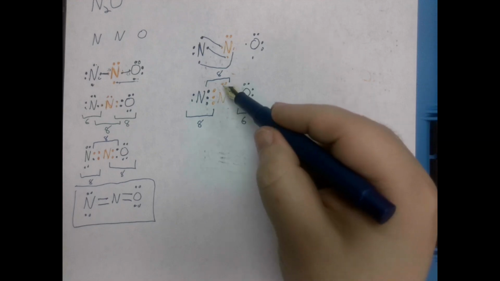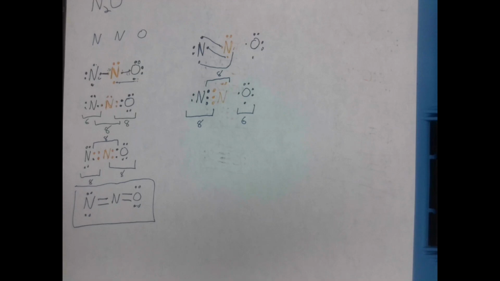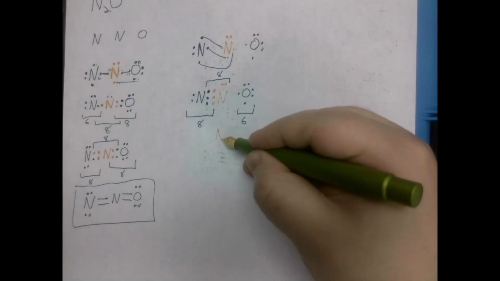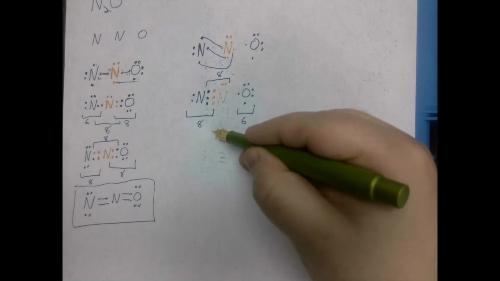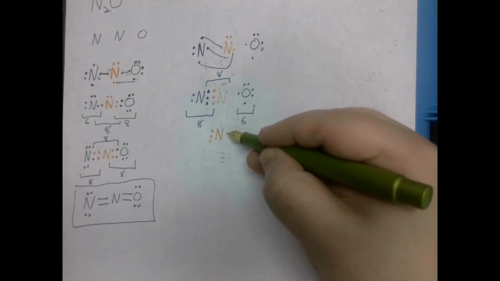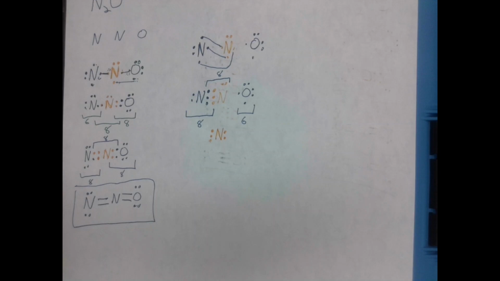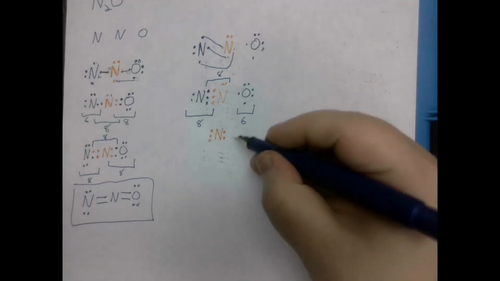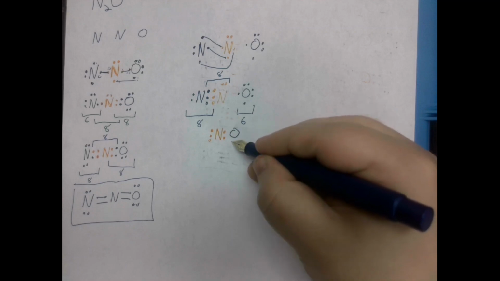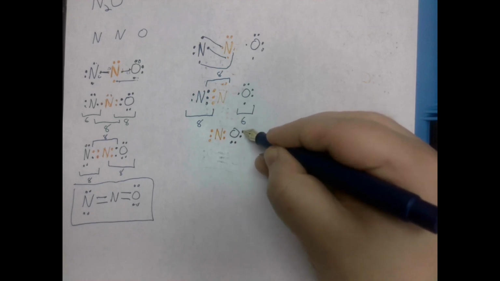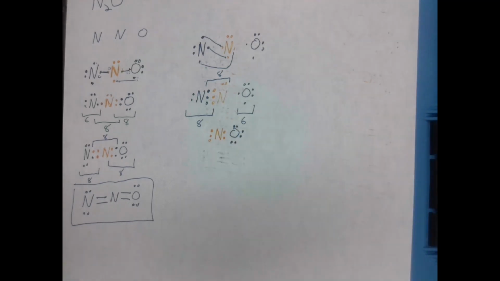Instead, nitrogen is going to just share 2 of its with the oxygen. So what we end up with is something like this, where oxygen is going to keep all of its electrons to itself.